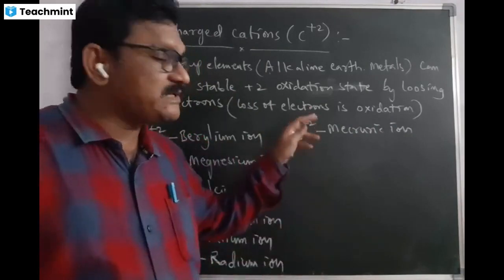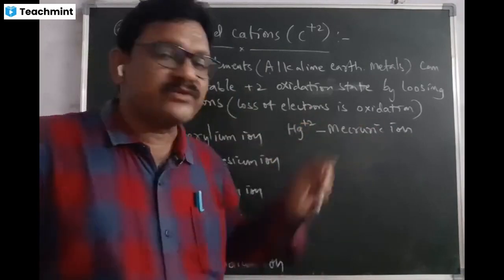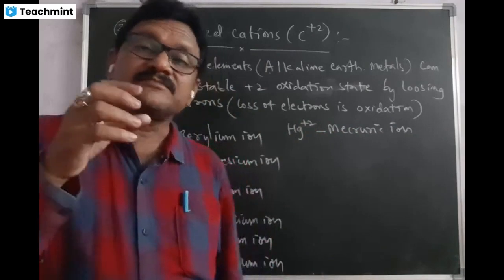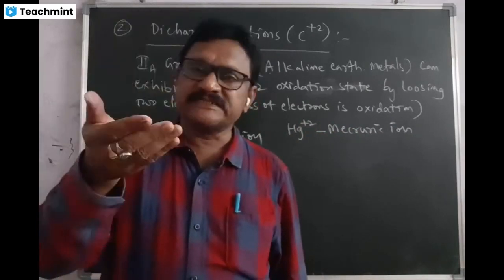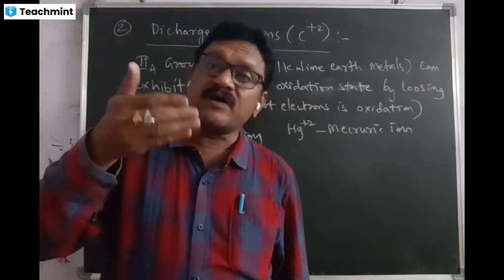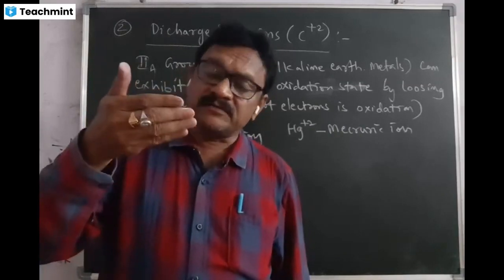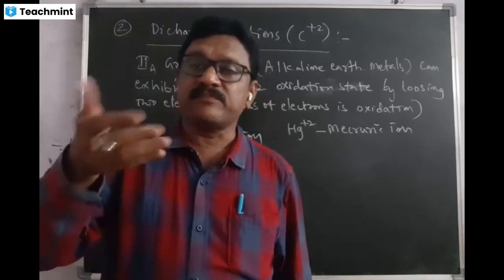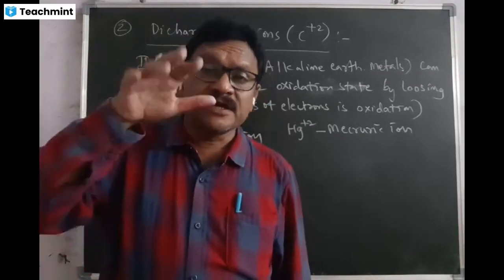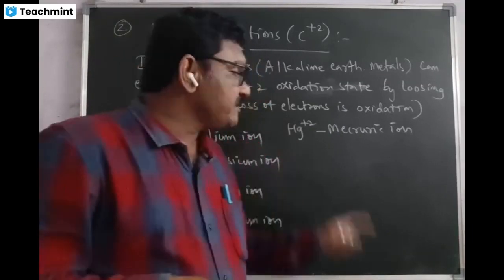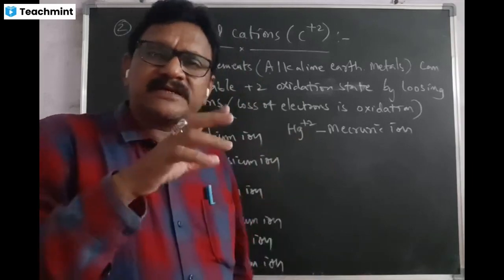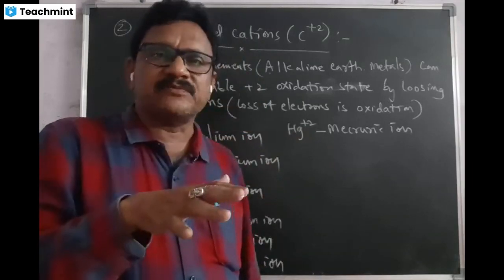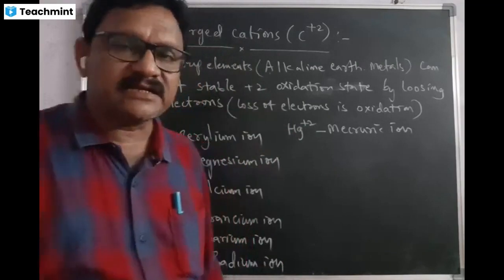But whenever mercury is in +2, that is called mercuric ion. So some of the metals can show more than one oxidation state. Polyoxidation states are also possible for some metals. Here mercury can show +1 as well as +2. Among them, one oxidation state is stable. That we will study in later higher classes.